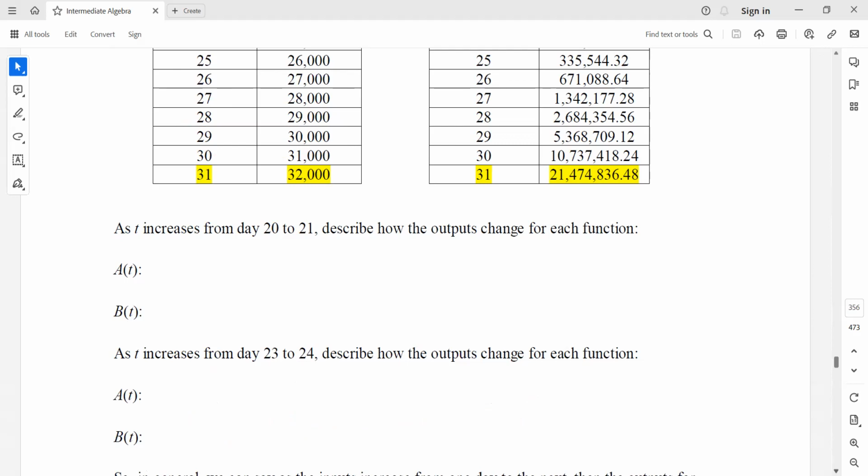to describe how the output changes with time, because it's doubling, right, from top to the bottom, you have to pick day 21 divided by day 20.